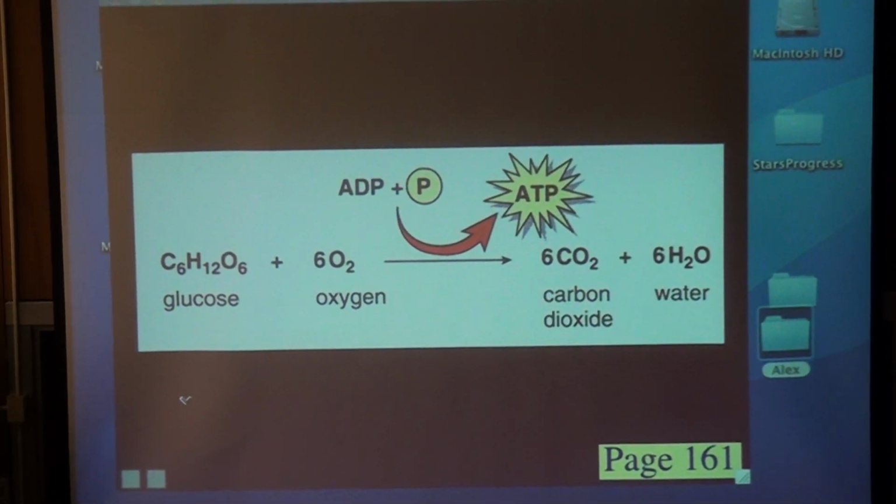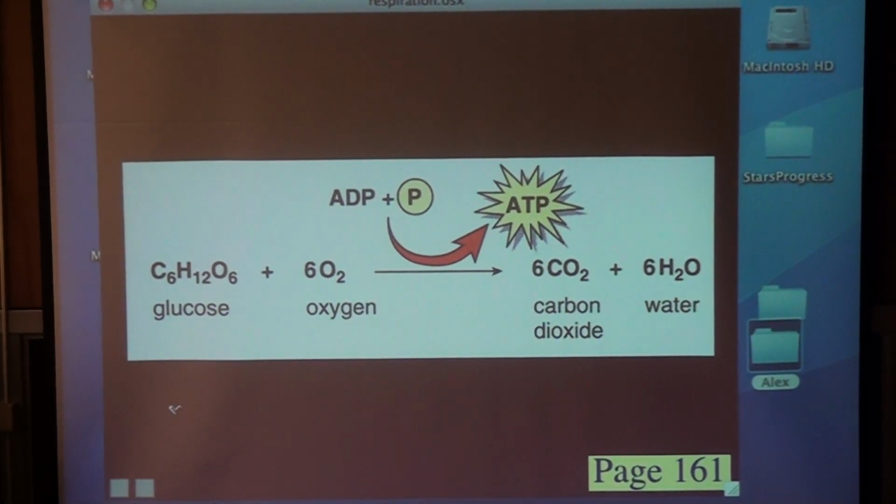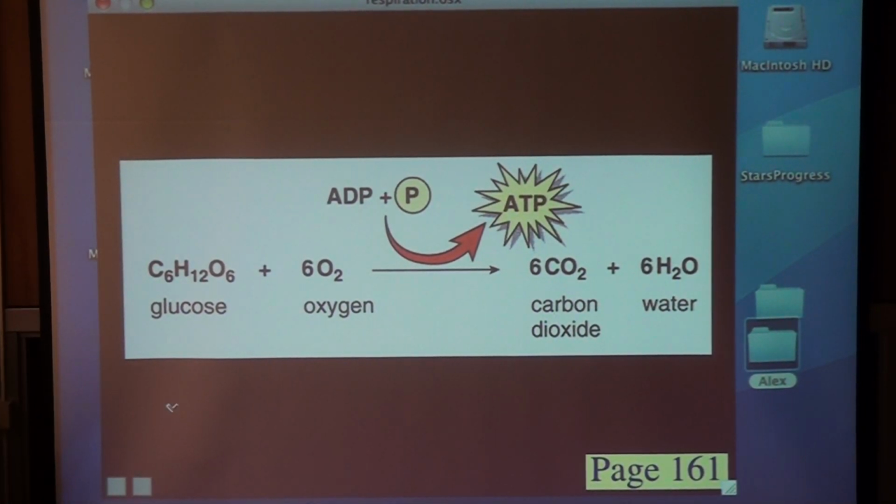That process of breaking down the glucose to recharge the ATP is called cellular respiration, which is our topic for today. But there are two varieties of cellular respiration. They both involve taking in glucose and breaking it down to recharge ATP, but one uses oxygen to break down the glucose. That's cellular aerobic respiration.